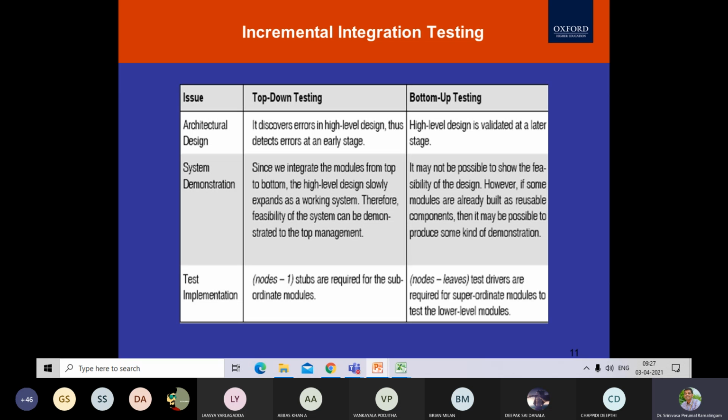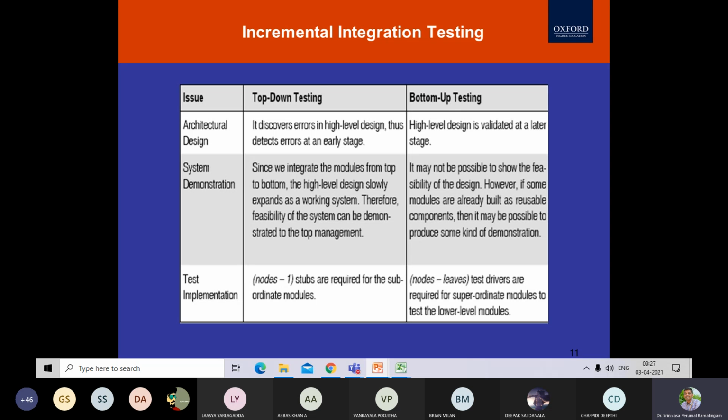If some modules are already built or reusable, it may be possible to produce some kind of demonstration. We can experiment with it, but we can't say whether it is feasible or not, because one of the very important things in software testing is the feasibility study. If you check the feasibility after implementation, that is also a mistake.